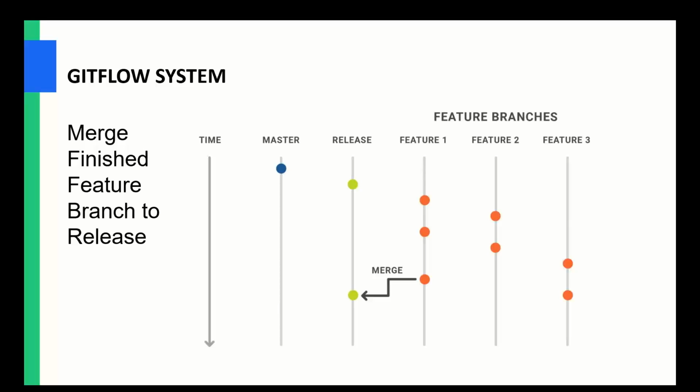So question: what happens if the developer for feature 1 says, yeah, I actually don't think I'm going to get the feature done in time. It's just going to have to wait for a later release. Doesn't that mess me up if I've already merged that stuff into the release branch? Well, yes, it can.